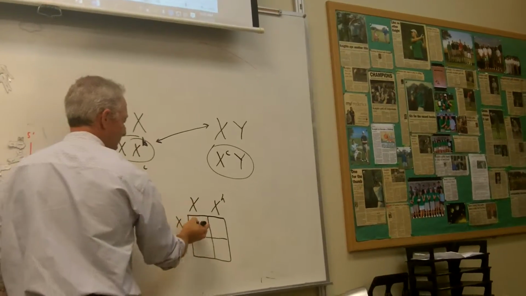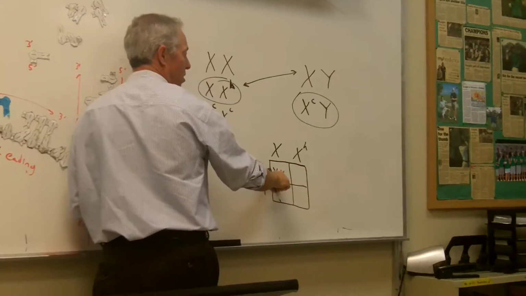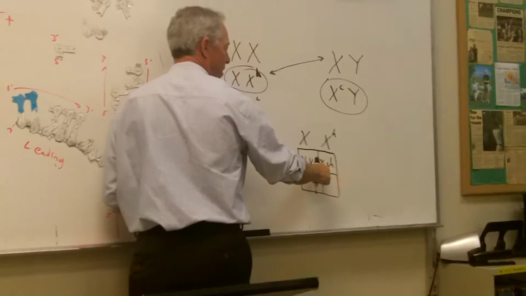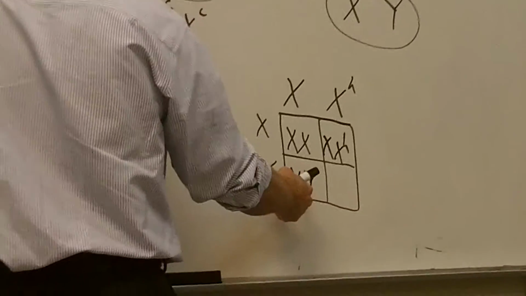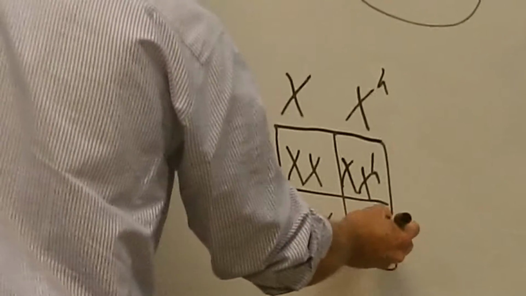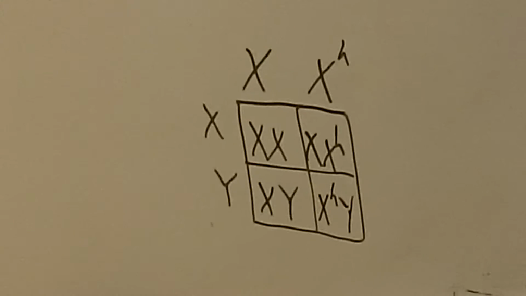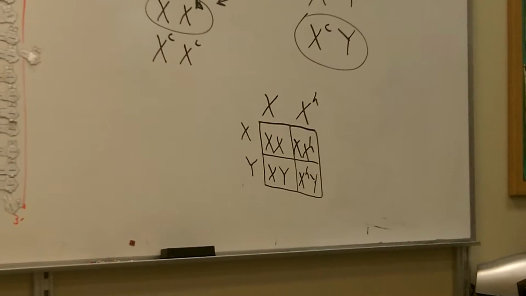What are the kids going to be? What is that? That's a normal female. What is that? Carrier female. Good. Somebody say it right there. What's that? Normal male. What's that? Hemophilic male. So what would the percentages be?